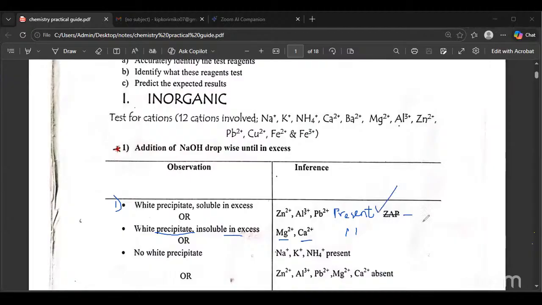So somebody else, kuna student mwenye akumbuki hiyo ZAP, anakumbuka magnesium ion, alafu pia anakumbuka nini? Calcium ion, na anakumbuka hizi ni insoluble. So another answer for you is magnesium and calcium ions ziko nini? So another answer is, now you say these ones are absent.